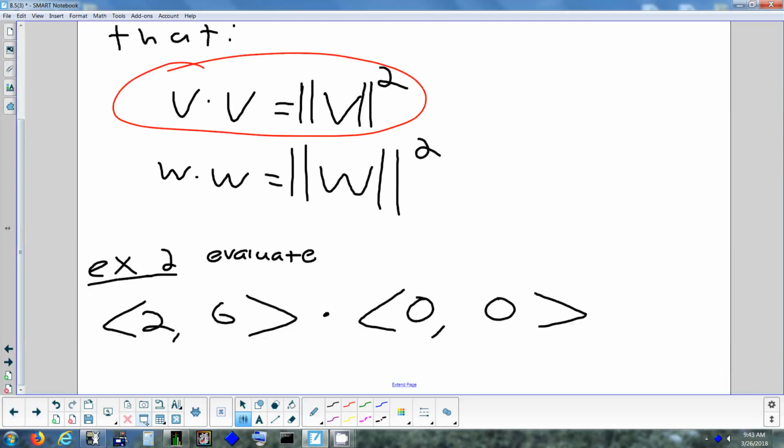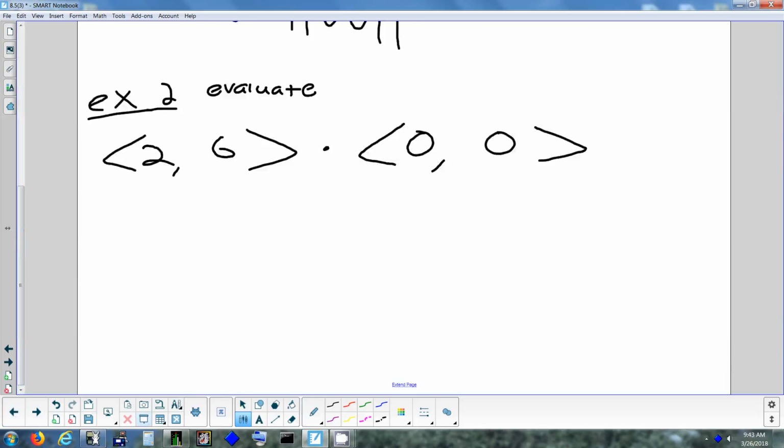Okay, so let's try this dot product. We're going to dot the vector 2, 6 with 0, 0. What do I get when I do out that dot product? 0. Can you be more specific? Like the number 0 or the vector 0?